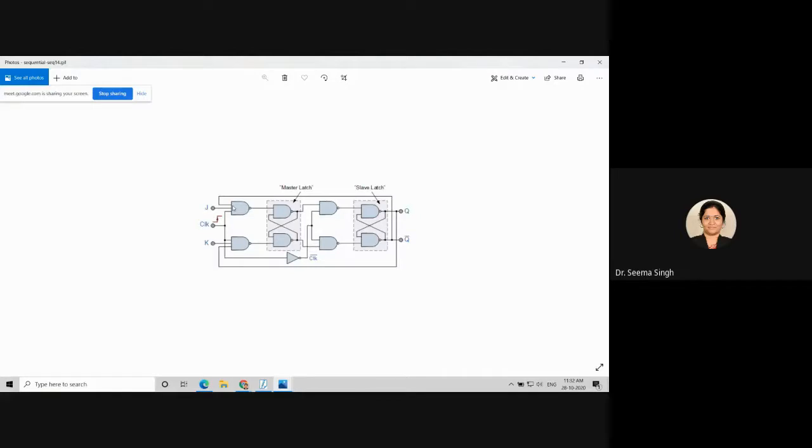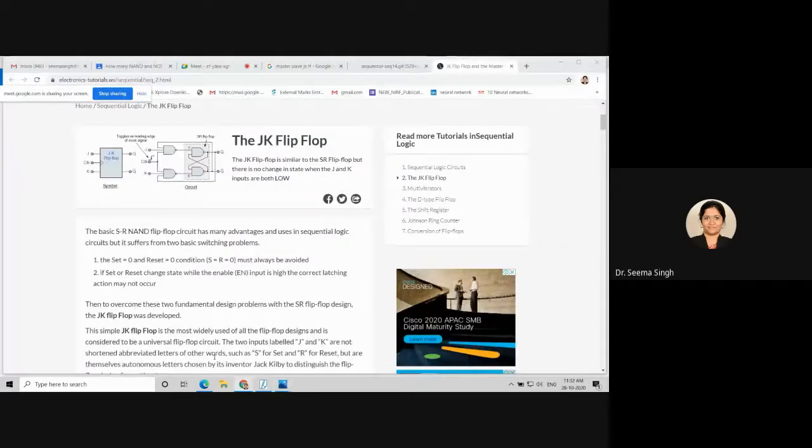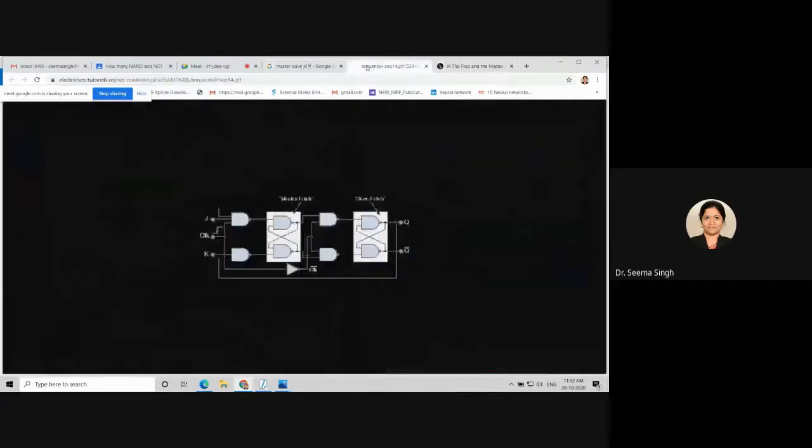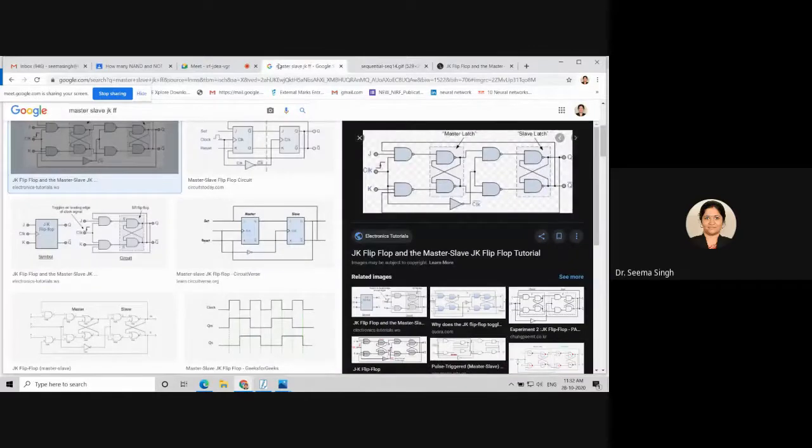So please make a note of this circuit so that I can proceed further quickly. Okay, you make a note of this circuit.